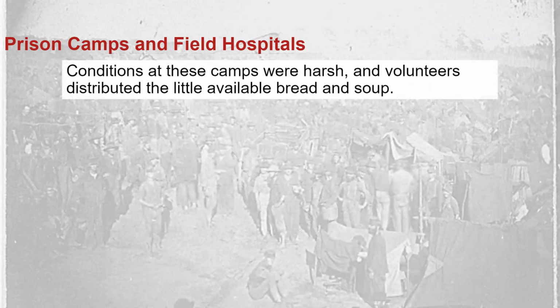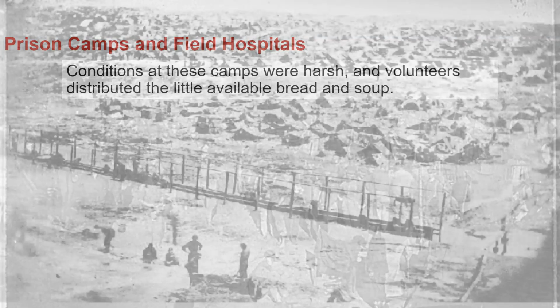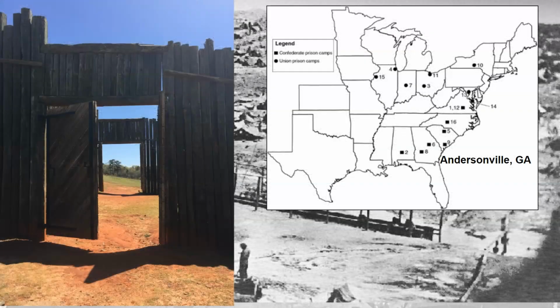It should be noted that the conditions in these camps were very harsh, and volunteers often distributed very little subsistence, so bread and soup. Conditions were quite horrific for people who were in these prison camps.